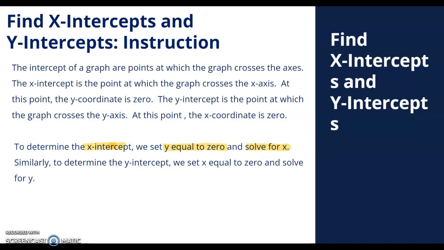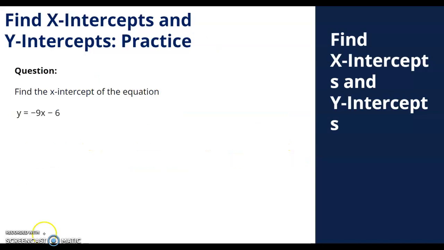The x-intercept is the intersection at the x-axis. So when the graph crosses the x-axis, y there is equal to 0, or the y-coordinate is 0. So again, to get the x-intercept, you just set y equal to 0 and then solve for x.